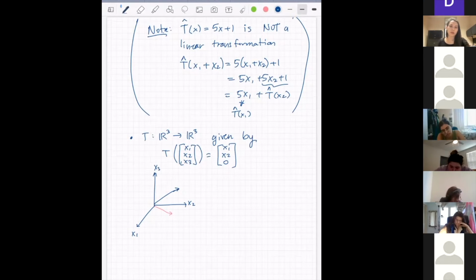So this is what we would call a projection. Think of this as being collapsed down, because we collapse that third coordinate. So we might say t collapses the third coordinate, and t is called a projection.